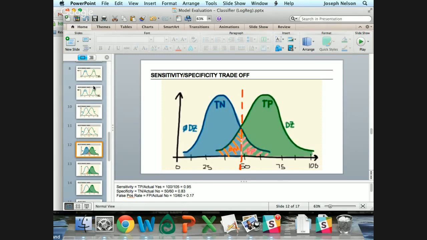what is the area below our does-have-the-disease full distribution? All of the area below that distribution is sensitivity, specificity, neither, false positive? What is it?